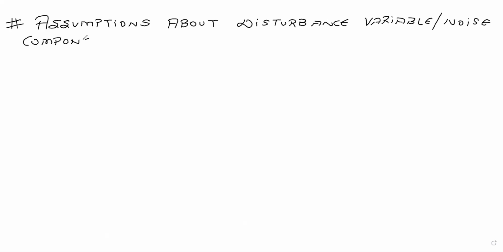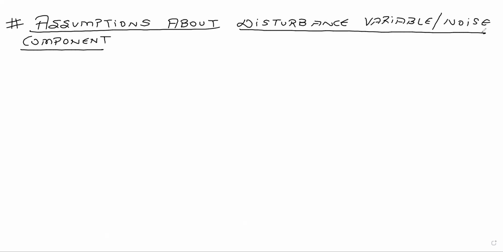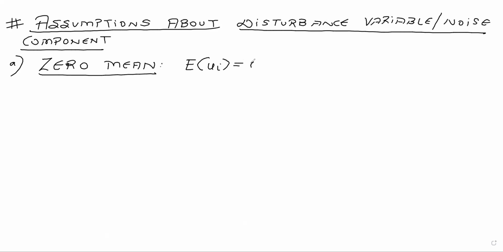In this linear regression analysis, what are the assumptions we are making? Let's look at the following assumptions. The first assumption is zero mean. Zero mean means expected value of ui is equal to 0 for all i going from 1 to m.